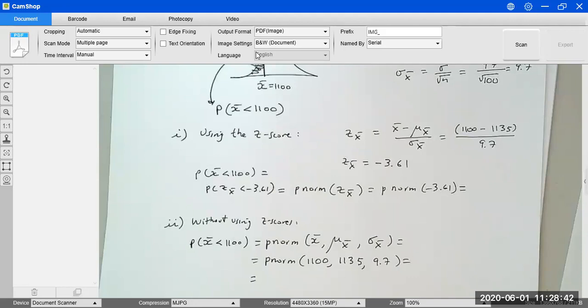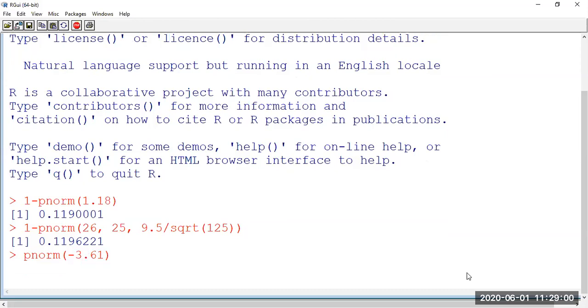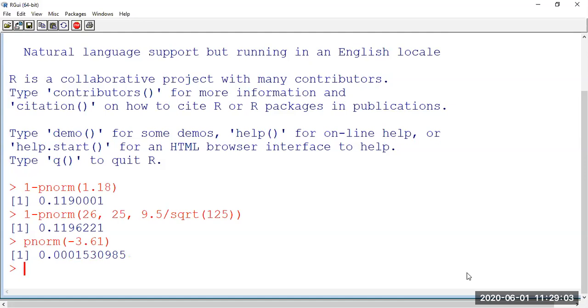So let's do these computations by using our language. So we have first pnorm of negative 3.61, and we get a very, very low value. It's just 0.00153985.